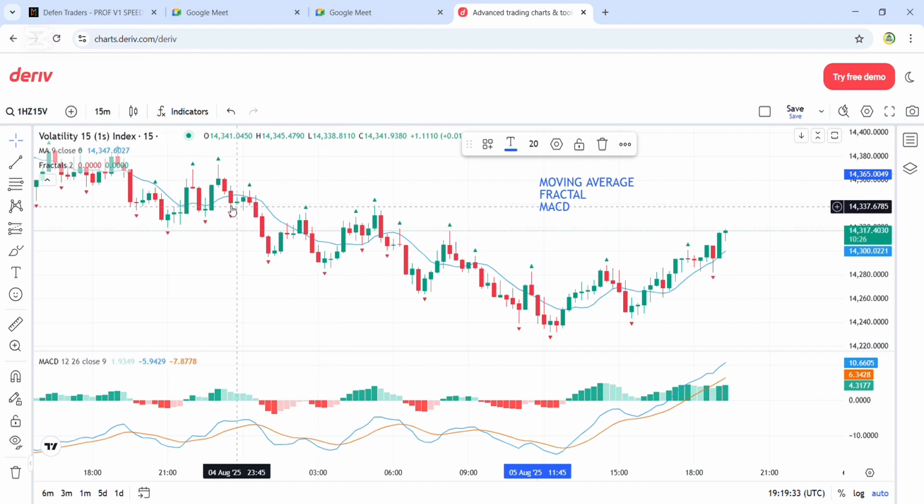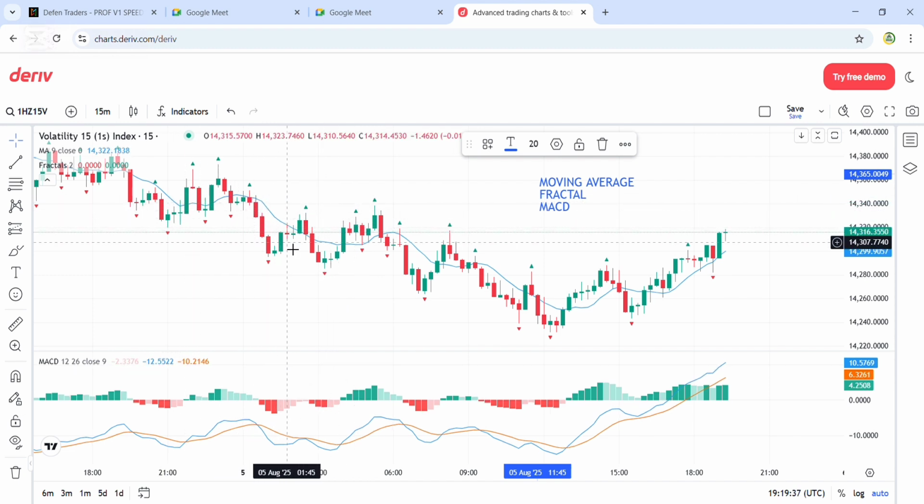Now, the moving average and the Williams fractal must, in capital letters, give similar or the same prediction, okay? None should give a contradicting prediction. If the Williams fractal tells you that the market is going to fall and the moving average tells you that the market is going to rise, do not trade, in capital letters.